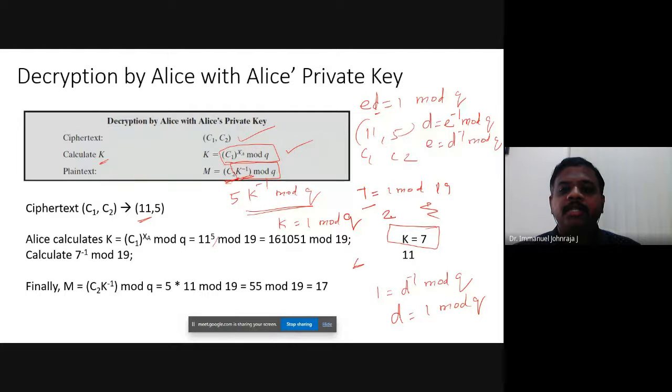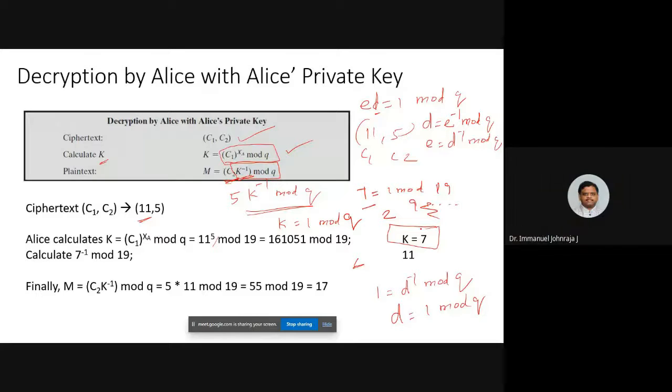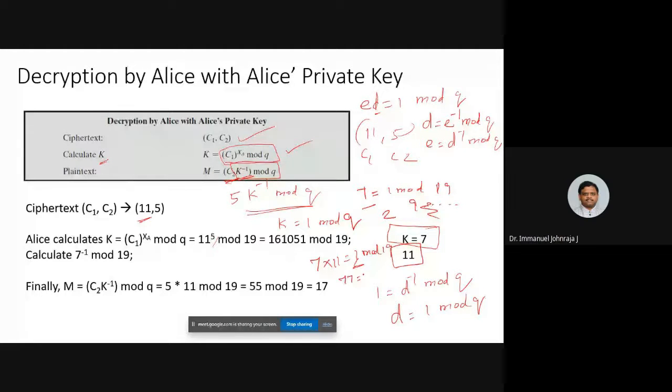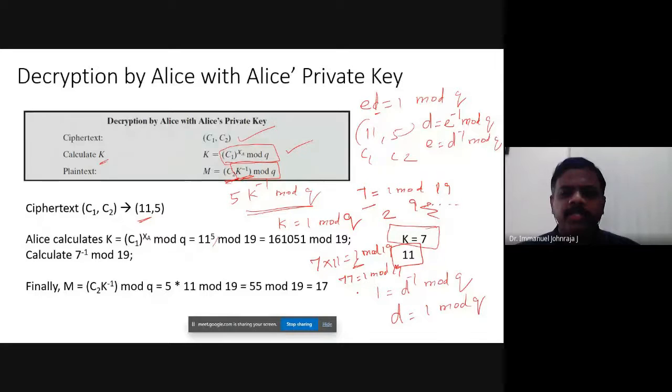Then you take 4, 28 mod 19 will be 9. Continuing, you will reach 11, which means 7 times 11 is equal to 1 mod 19. 77 is equal to 1 mod 19. You can verify this.